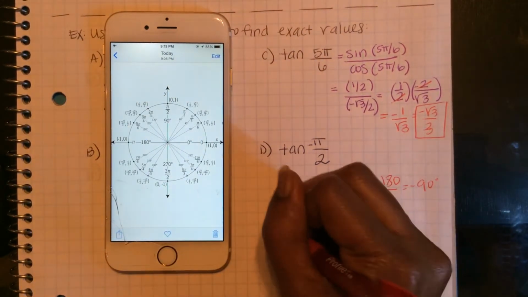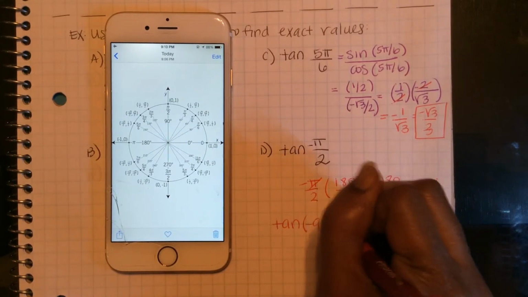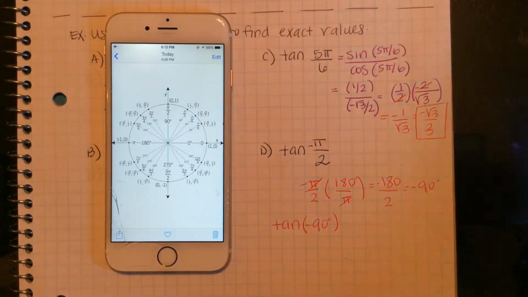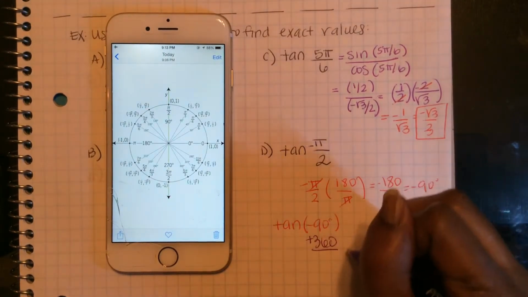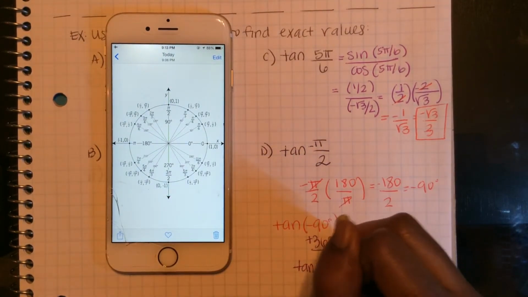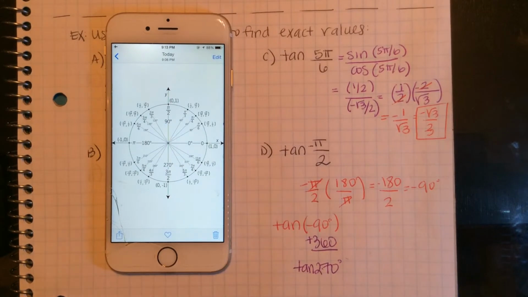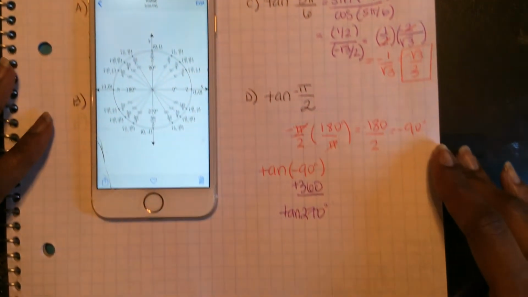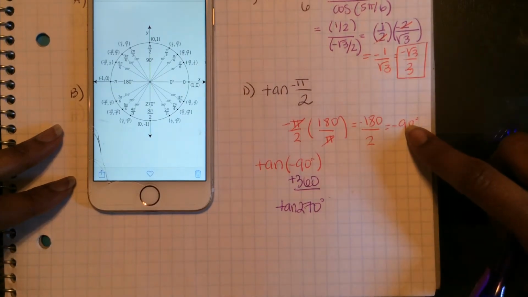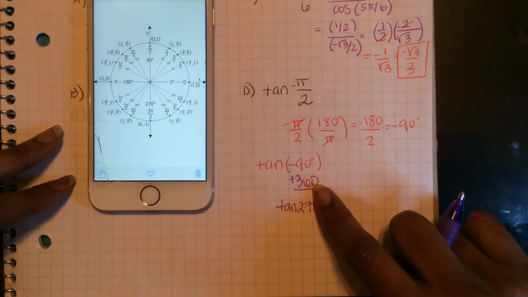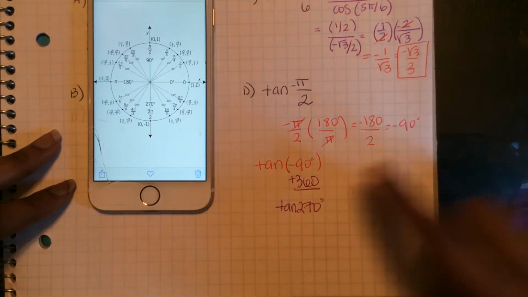So this is the same as tangent of negative 90 degrees. If I add 360 degrees, that's tangent of 270. So I found my coterminal angle from my negative angle. First I converted it into degrees, then I added 360.